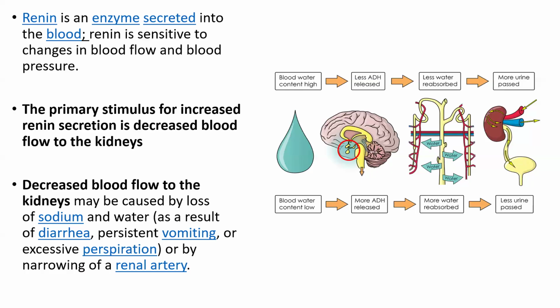So if the body's triggering renin, when is it going to trigger it? You got to speak this into existence. You want to know it? When is the renin going to be triggered?